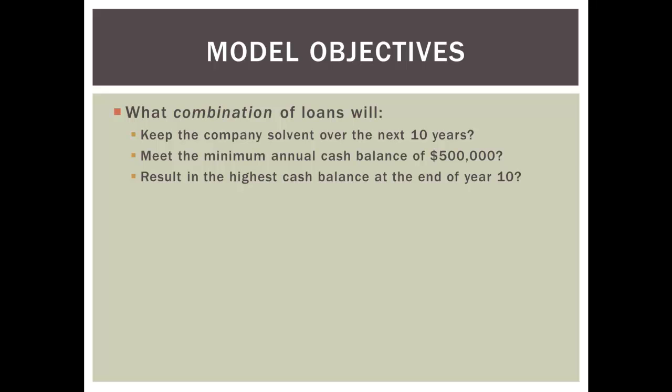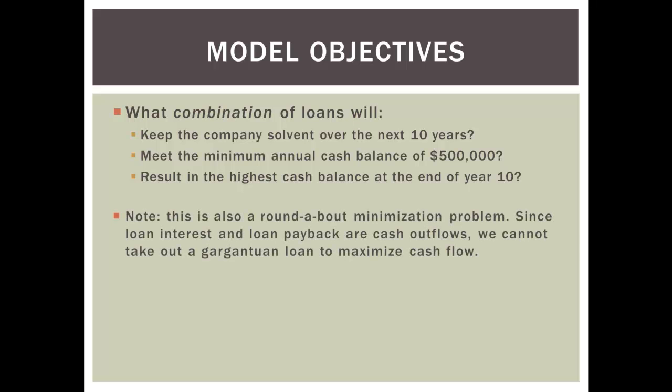Now, some people may be thinking at this point, well, it's easy. We'll just take out a huge loan at the beginning, and that'll meet all of our cash needs, and we'll be sitting pretty. There's a problem with that, and that is because this problem is also a roundabout minimization problem. Because remember, every loan Penn Interest takes out and every bit of interest associated with those loans must all be paid back within this 10-year period.